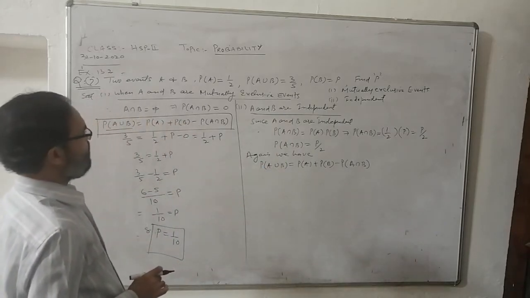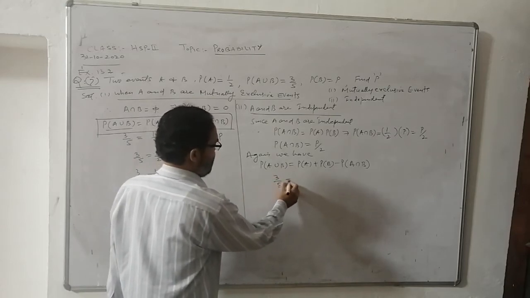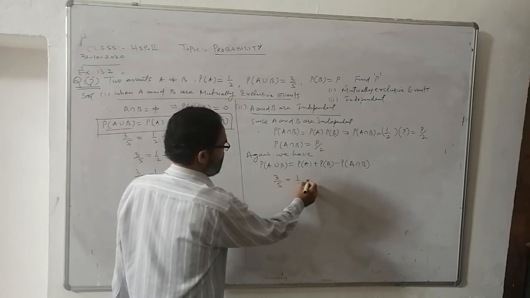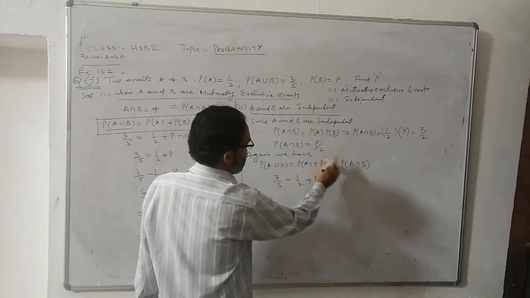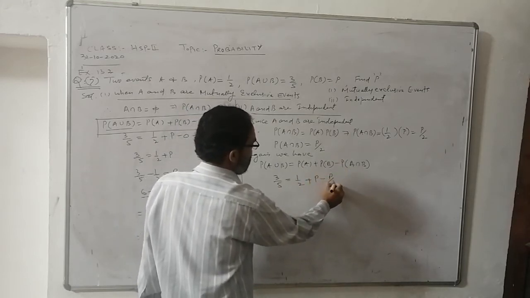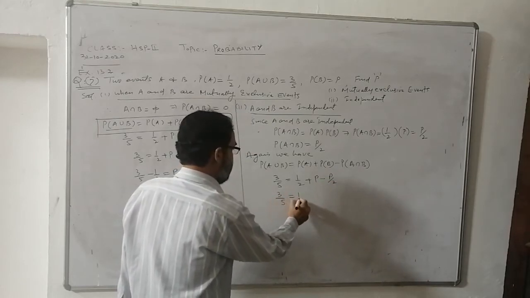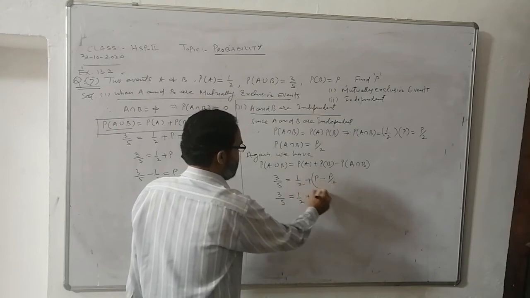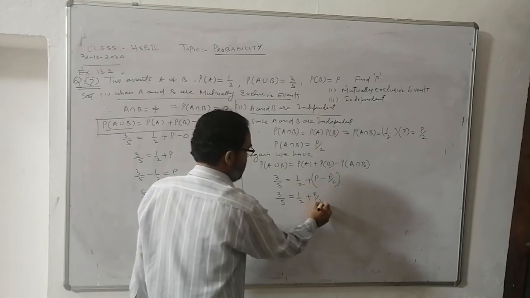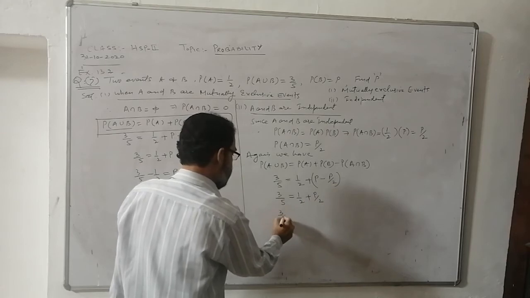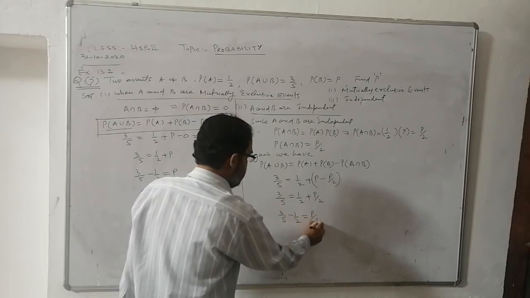Probability of A union B is given as 3 upon 5. Probability of A is 1 upon 2, probability of B is P, and probability of A intersection B is P upon 2. So 3 upon 5 equals 1 upon 2 plus P minus P upon 2, that is 1 upon 2 plus P upon 2.